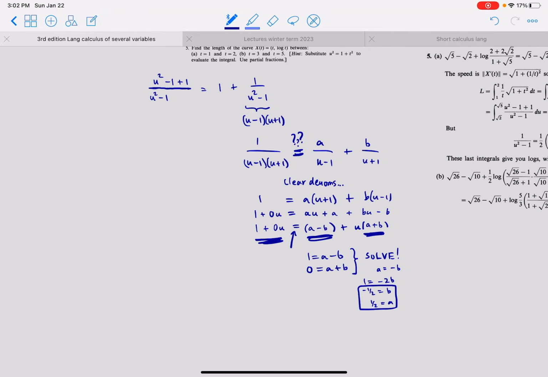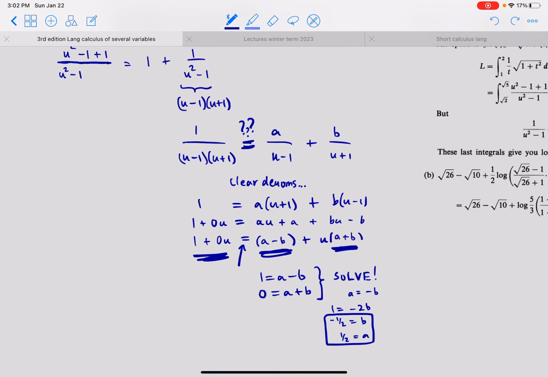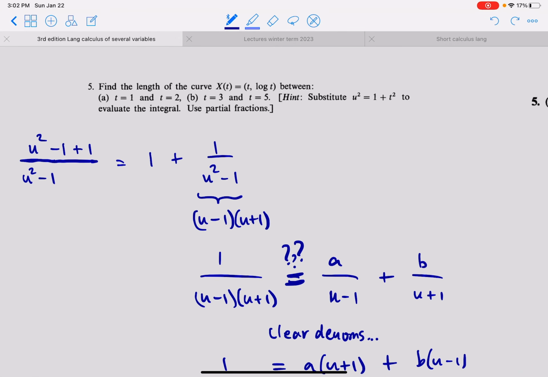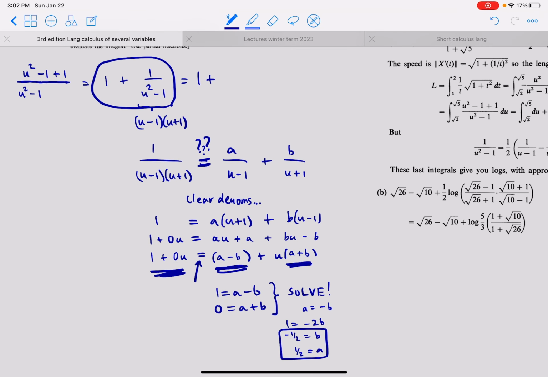Which means my original decomposition of this factor up here means that all this becomes 1 plus, now what's a? 1/2 over u minus 1 plus, b is minus a half over u plus 1.